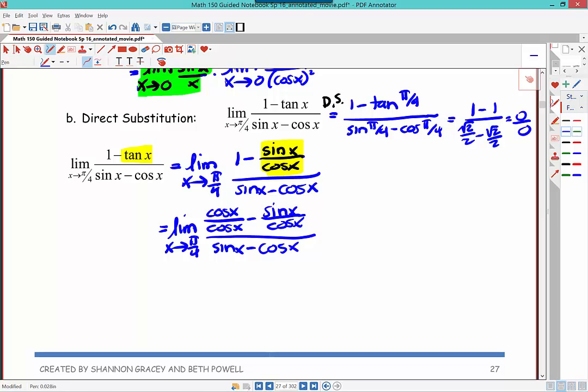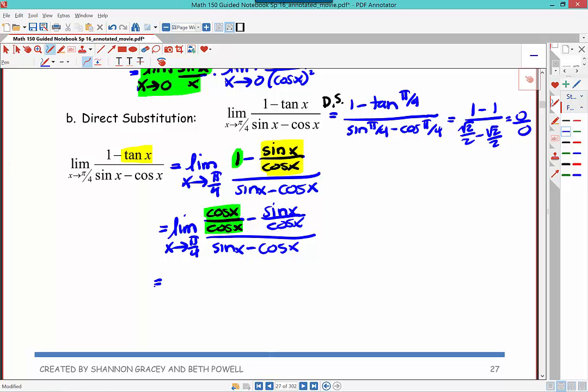So all I did here is I rewrote 1 as cosine at x over cosine at x, so I could get one happy trig expression in the numerator.